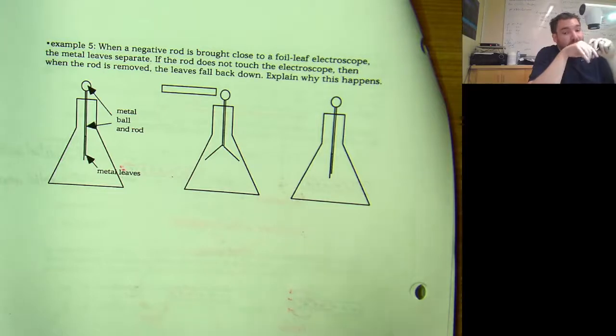Well, at the beginning, it's just hanging there. Like there's nothing going on there. It's not attracted to anything. Its own mass is holding it down against the bar. So this whole setup starts neutral. So we have the negatives here, and this whole thing is neutral.